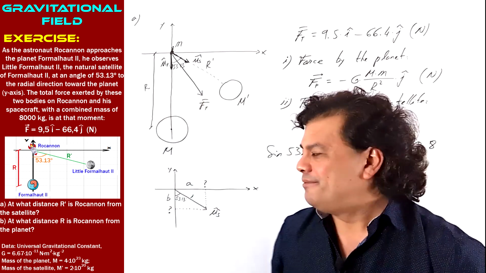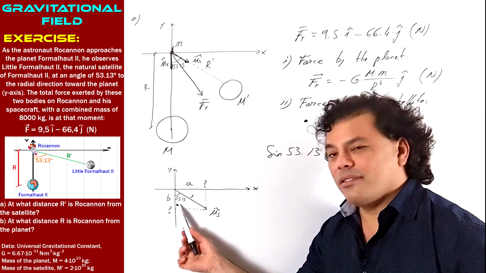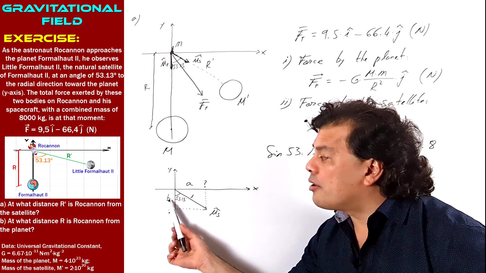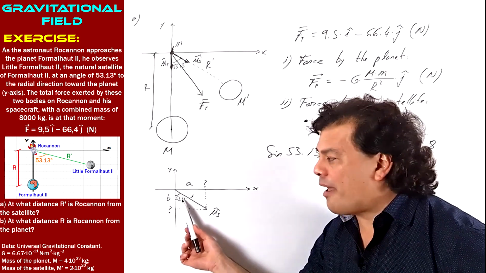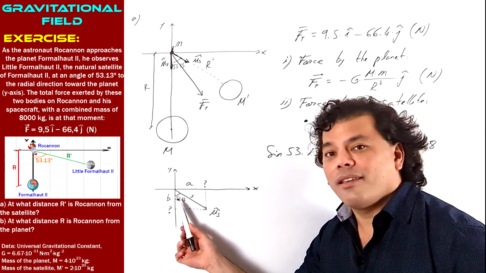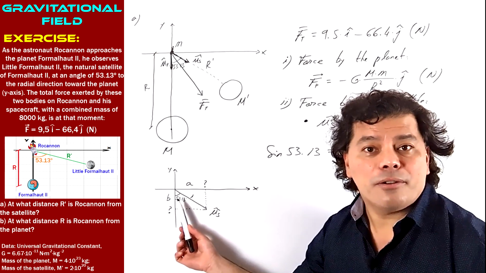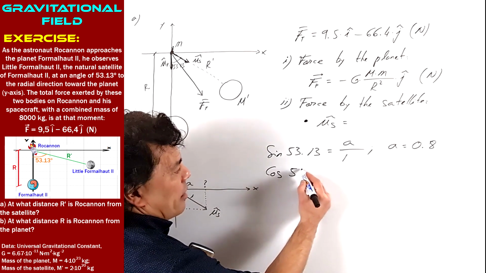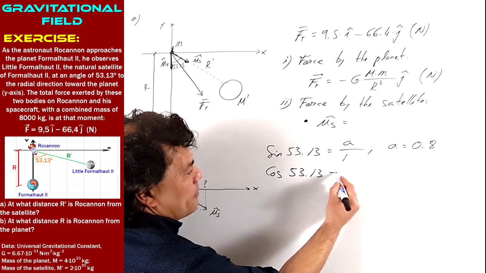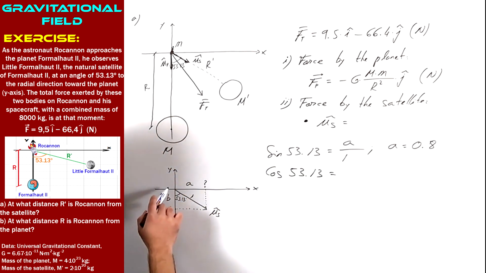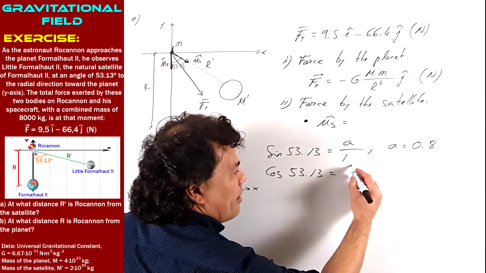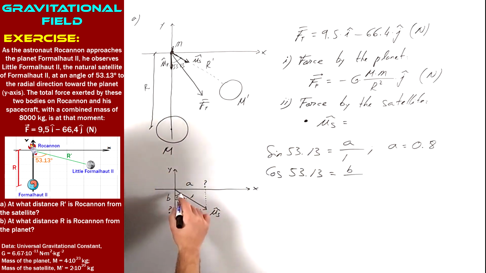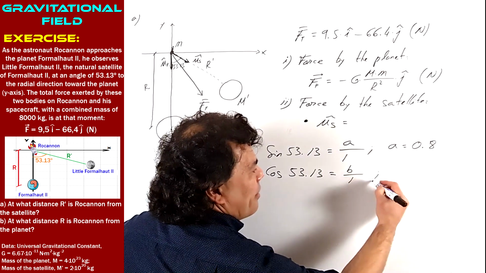And in the same way, can you see that this bar is precisely the contiguous leg of our angle? Contiguous leg means using cosine. The cosine of an angle, cosine of 53.13, is defined as the contiguous leg, B, divided also by the hypotenuse, 1.